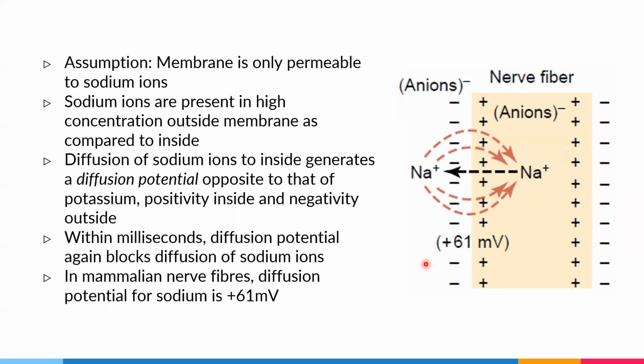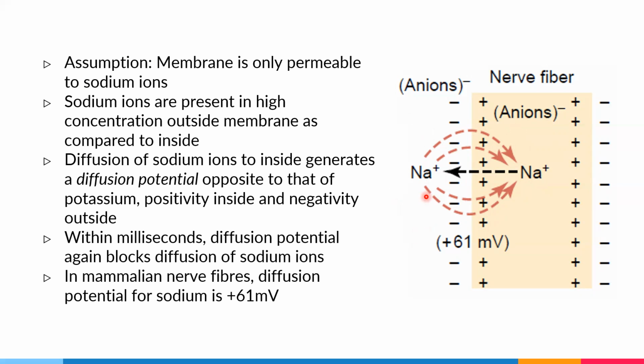The diffusion of sodium ions this time generates a diffusion potential again, but its polarity is the reverse of that of potassium. Since the sodium ions are diffusing into the cell, as indicated by the red arrows, this time positive charge is moving from the extracellular space to the inside of the cell. Since positive charge is moving along this path, the inside of the cell membrane is now positively charged, whereas the outside is negatively charged.